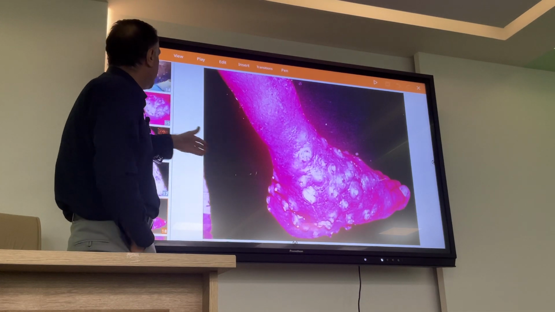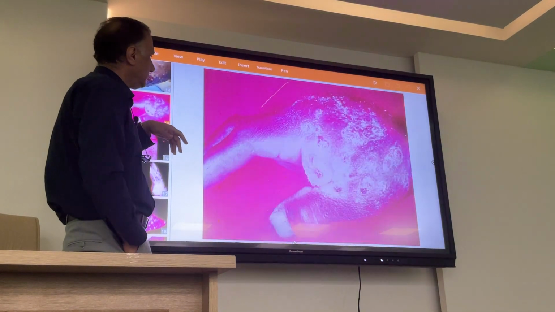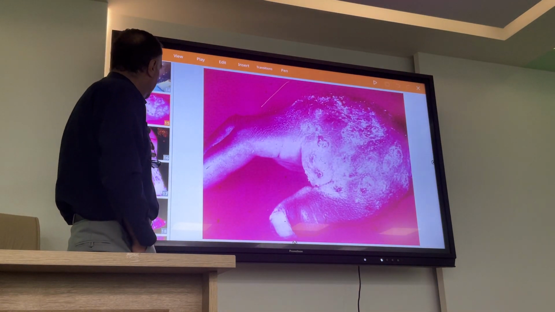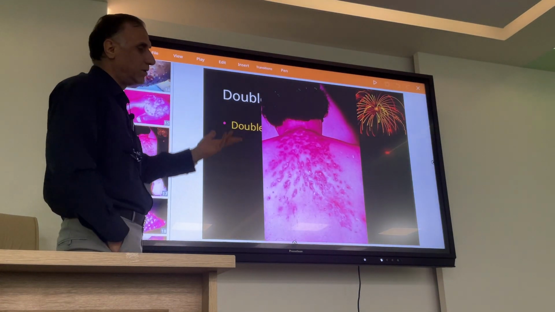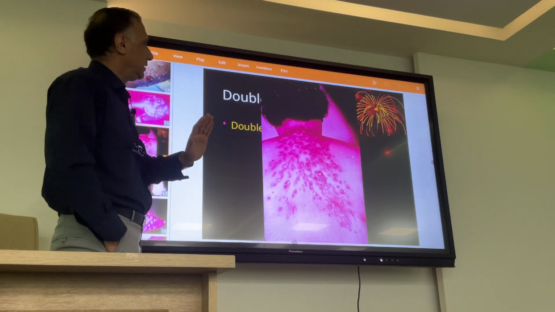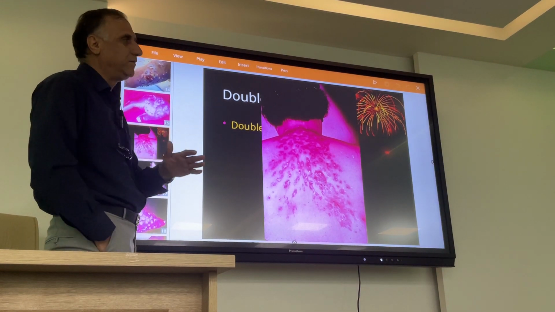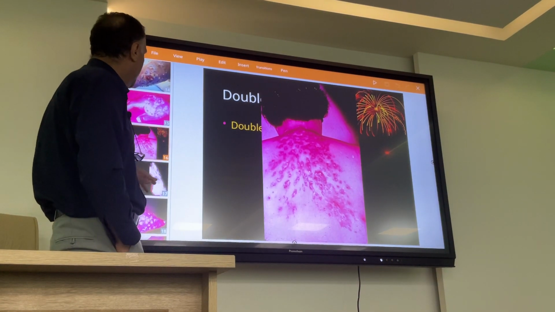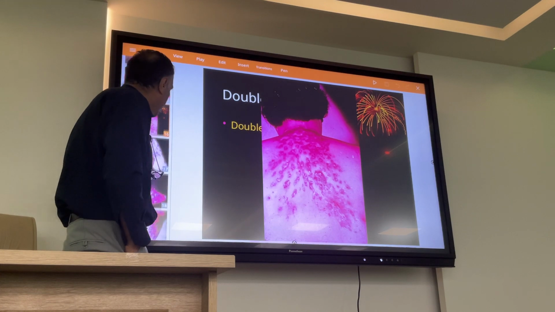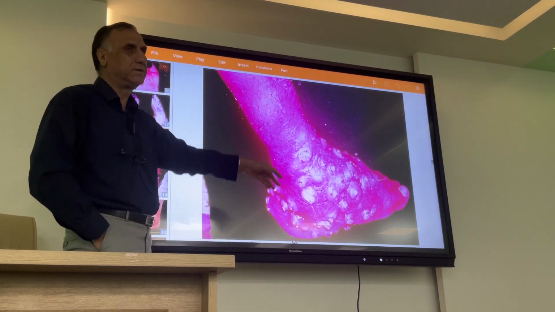Maybe the lesion involves the hand, maybe another part of the body. All parts of the body have the same sensitivity, but usually in relation to work and job, you can find the lesion in the foot.